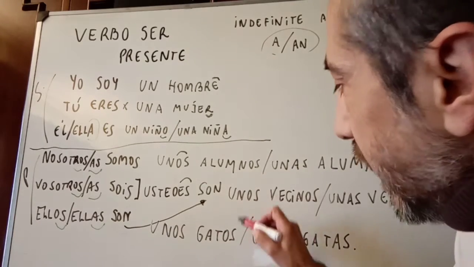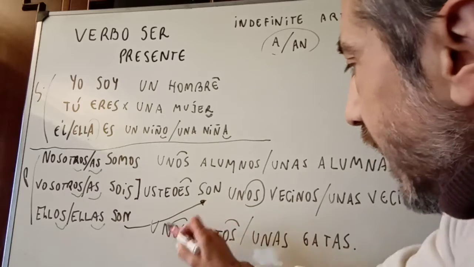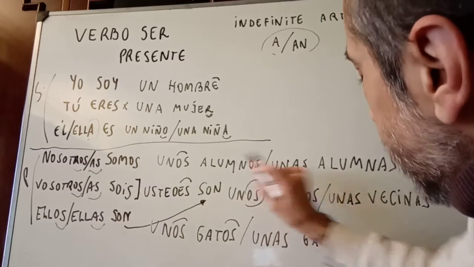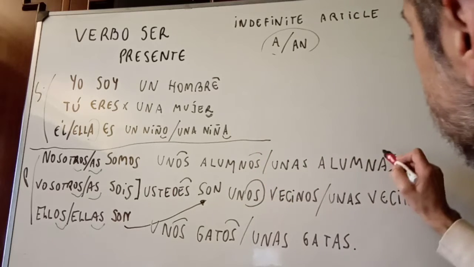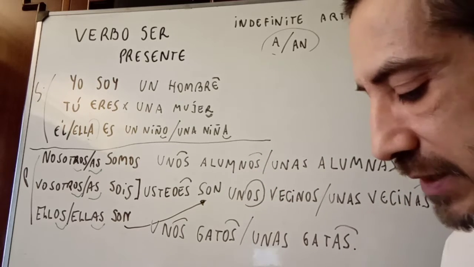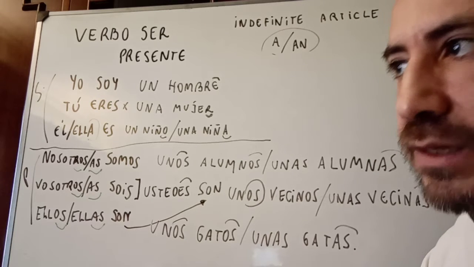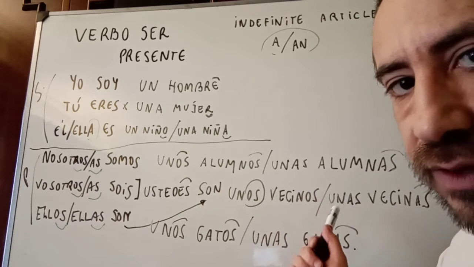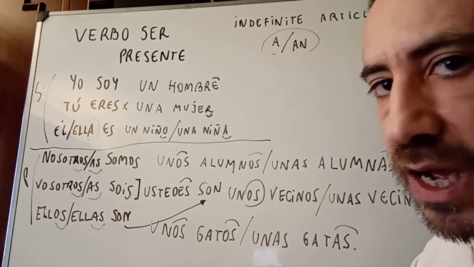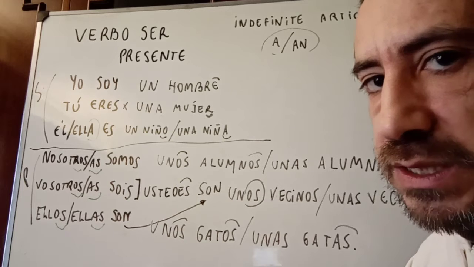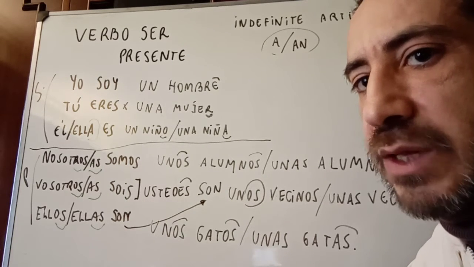So in many cases we have this os, as. This is the easiest and the common association between a gender and ending of a noun, but it's not always like this. There are other endings and the word takes either the feminine form or the masculine form. We'll see it.